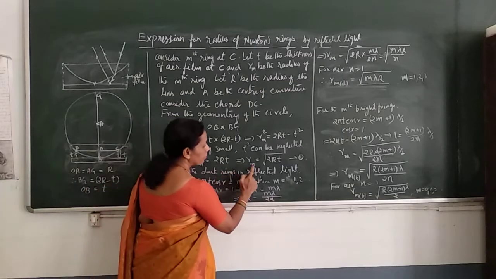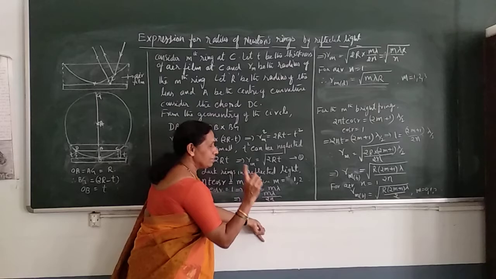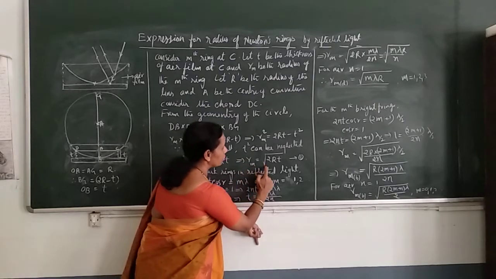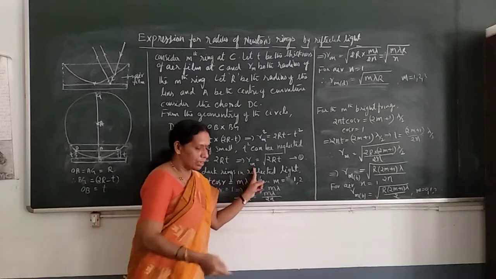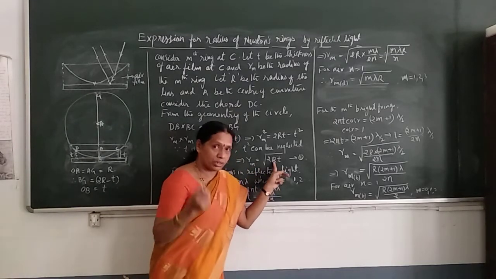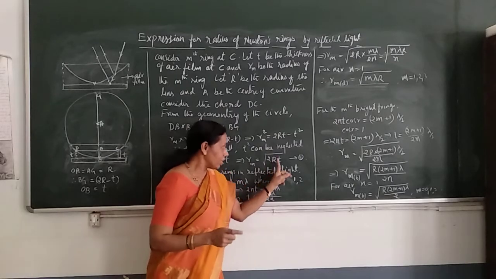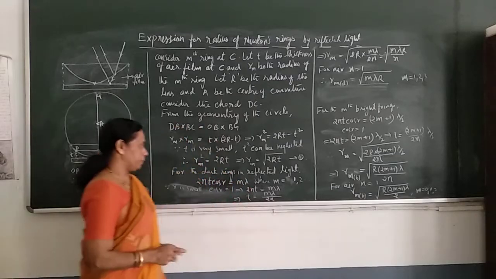This gives the radius of the mth ring, either dark or bright, in general: the square root of 2RT. Thus the radius of the Newton's ring produced depends on the radius of curvature of the plano-convex lens as well as the thickness of the air film at the point where that particular ring is formed.